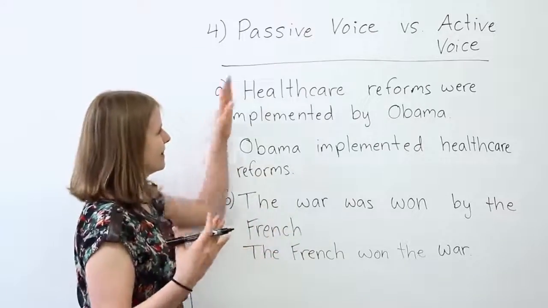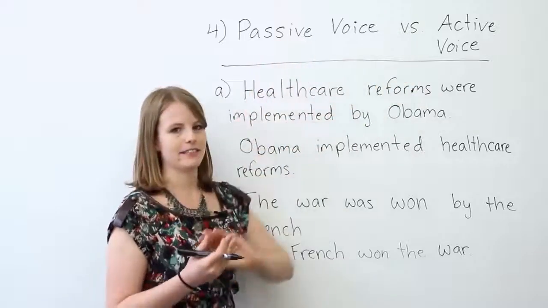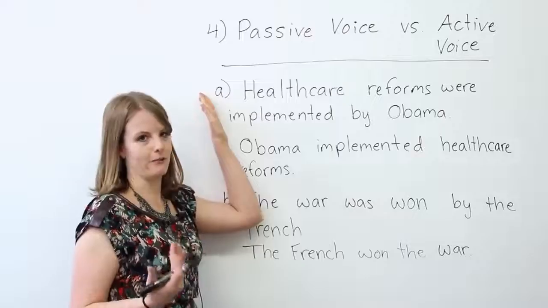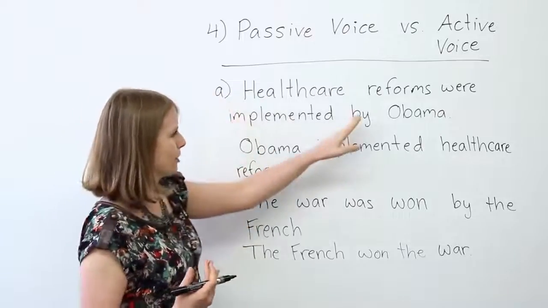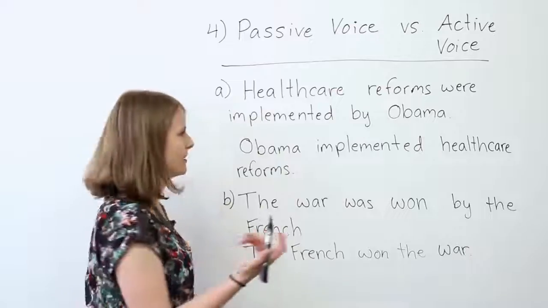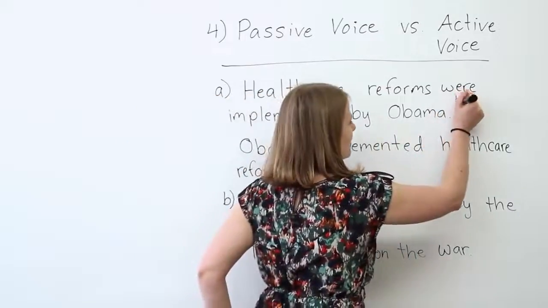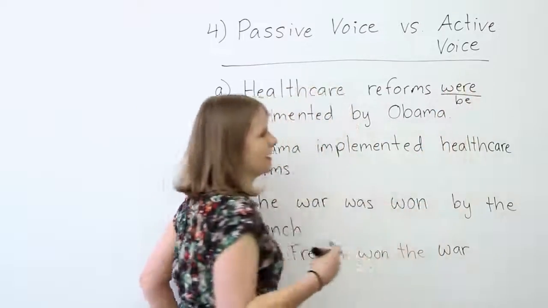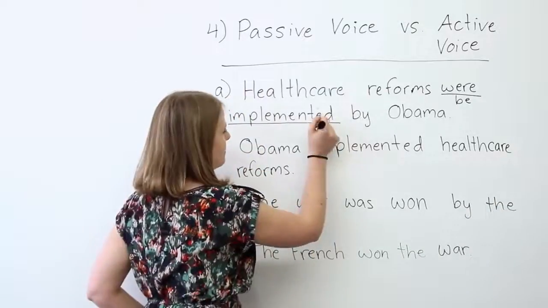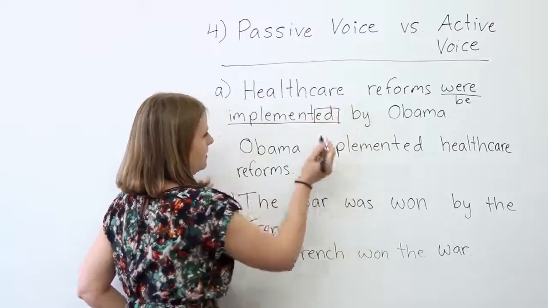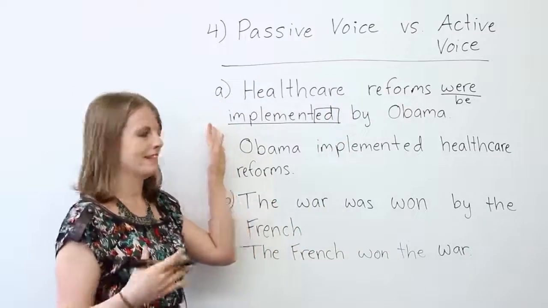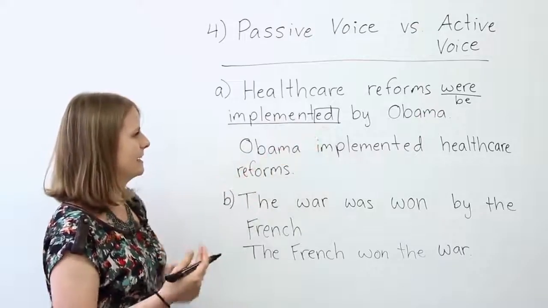So what is the passive voice and what is the active voice? Here is an example of the passive voice. Healthcare reforms were implemented by Obama. Okay, so notice first we have a form of the verb to be, and then we have the past participle of implement, in this case implemented, so you see an ed.